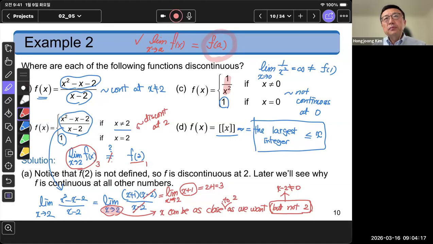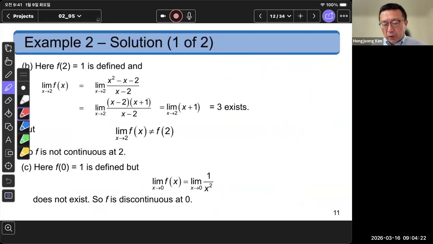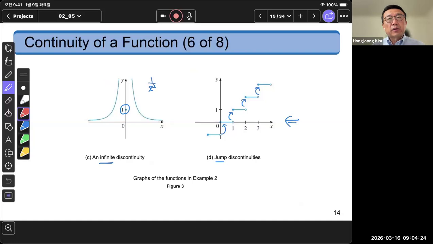So when I look at the right hand side of the definition, the function is defined at 0. The problem is this. When you look at the graph of the function, we have the one on the right and on the left. That means as x approaches 0, the function value increases without bound.